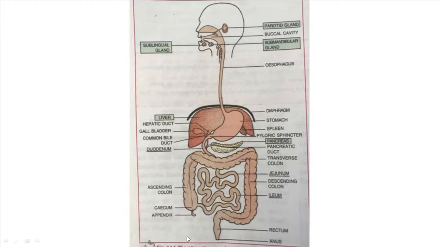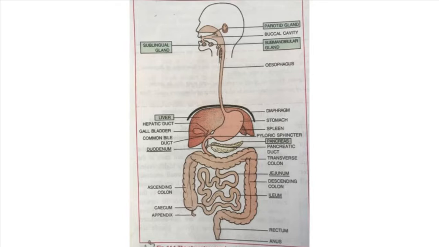From the stomach, the pyloric sphincter helps in connection to the first part of the small intestine, that is the duodenum. Then the ileum helps in joining with the large intestine.